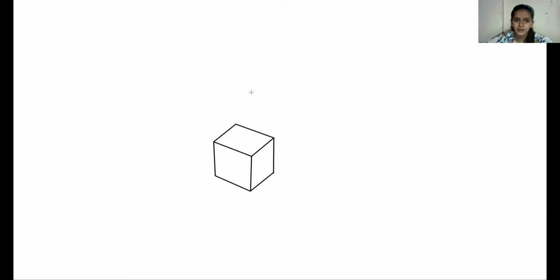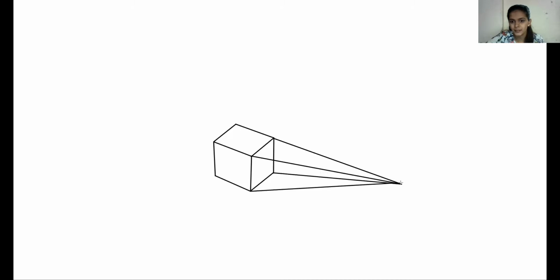Consider this side first. These lines are meeting at a point. Consider it as a length. And one set of non-parallel lines is going to merge in this point.